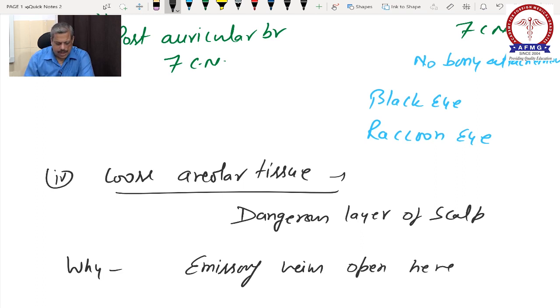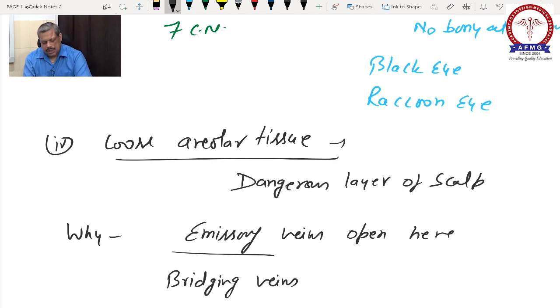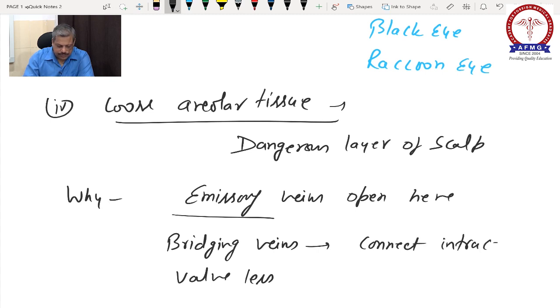Clear? What are the emissary veins? Emissary veins are bridging veins. These are valveless veins. What do they bridge?